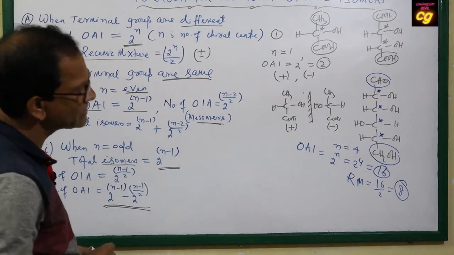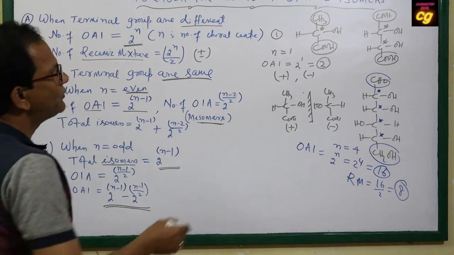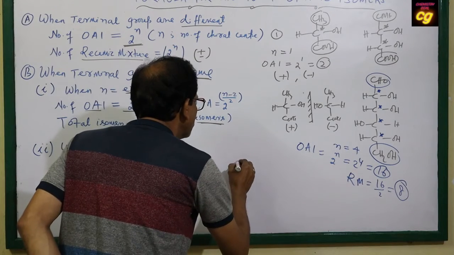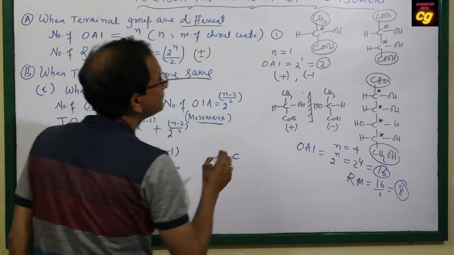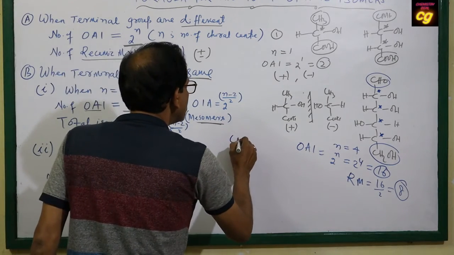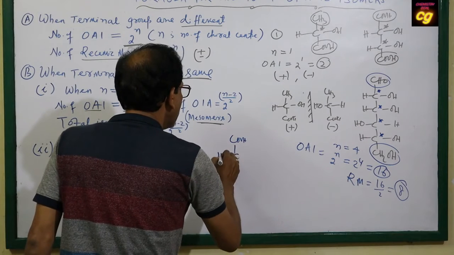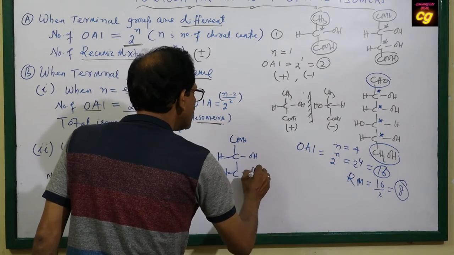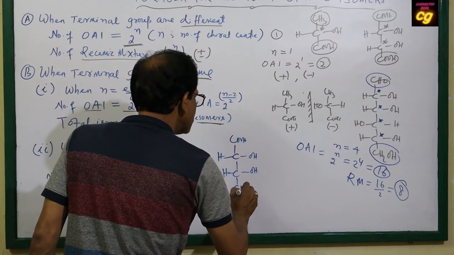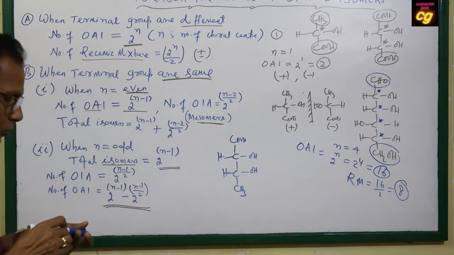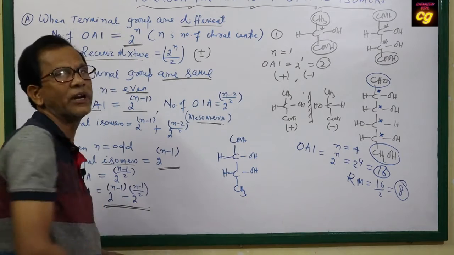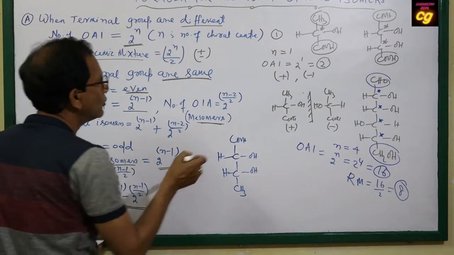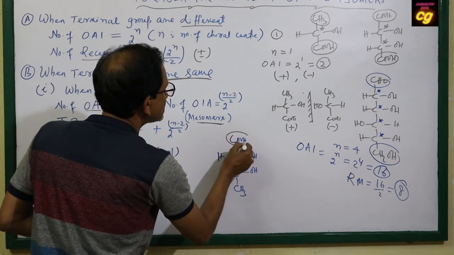Then another example, where the groups are different. Suppose you take this example: CHO, CHOH, CHOH, CH3. Here the terminal groups are different.